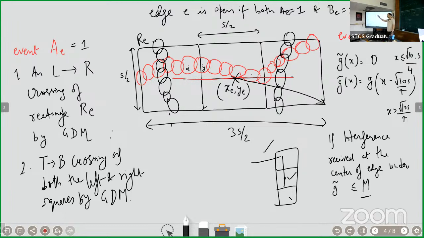Here, this interference is coming from the whole of R2. Pay close attention, if it's not clear, ask me right now. So this is the center and this is my center. I'm looking at the interference seen at this point, interference seen at this point. The interference is coming from all points in R2. And there is nothing like, if I go far away, that I can say something about their independence.